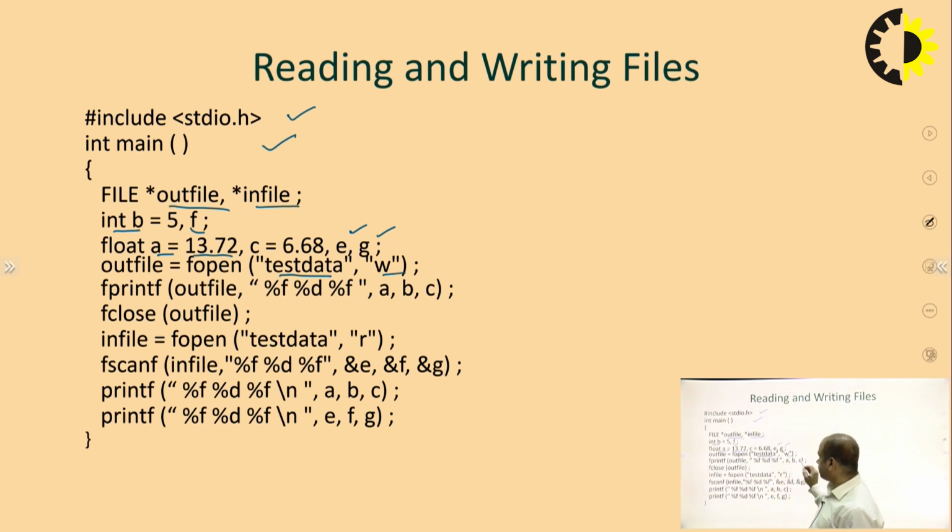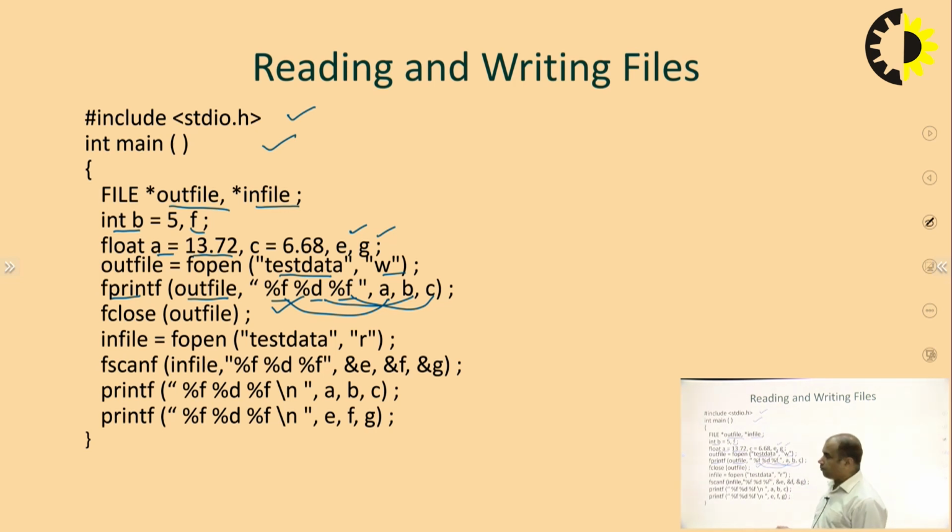Once the file is open in write mode, we use the fprintf function to write to the file. We use outfile, defining the format, here the value of a, here the value of b, and here the value of c, defined in that file. Now we are using the fclose function to close that file.